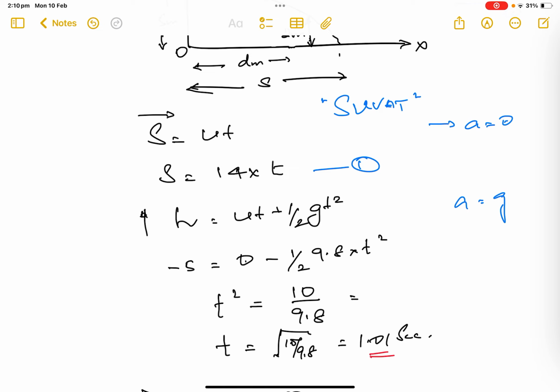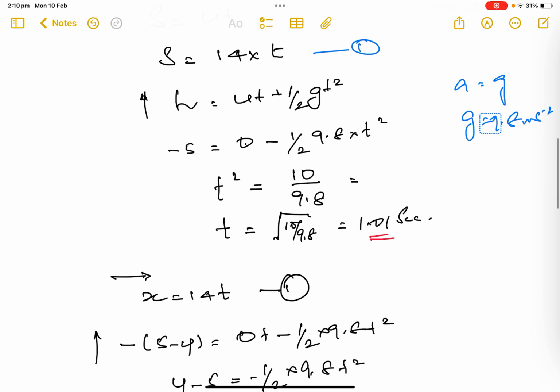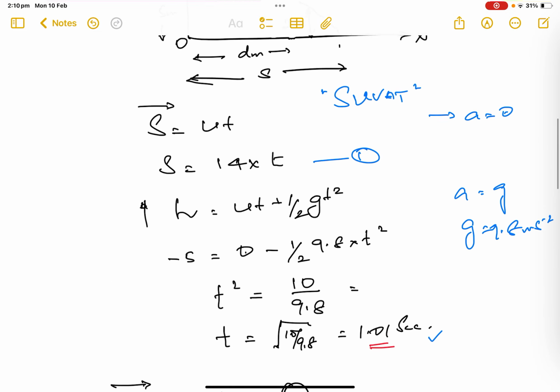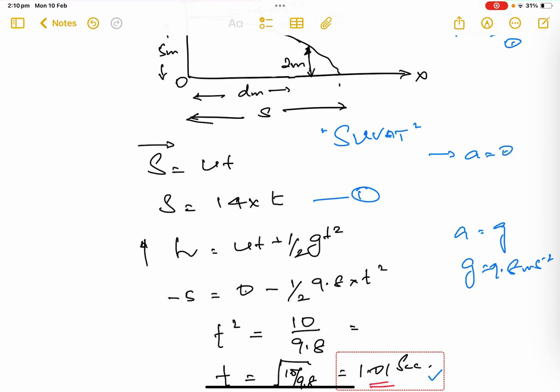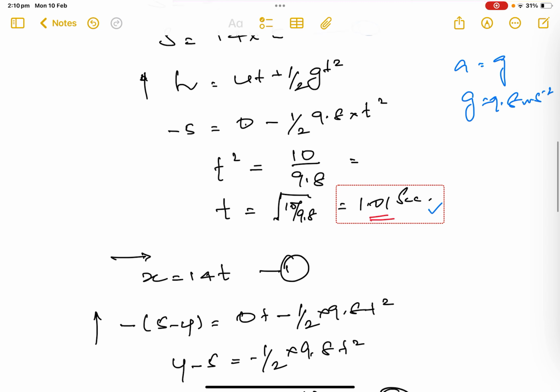Minus 5 equals minus half times 9.8 times t squared. From that, t squared equals 10 over 9.8, and t equals the square root of 10 over 9.8, that is 1.01 seconds. So the time taken to reach the ground from the window, where it is thrown horizontally, is 1.01 seconds.